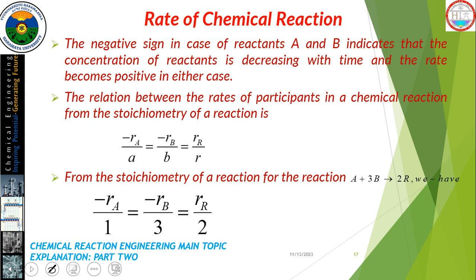From this we can understand that the rate of disappearance of B is 3 times the rate of disappearance of A, or the rate of formation of R is twice the rate of disappearance of A. This is how we can generalize depending on the stoichiometry of the reaction.